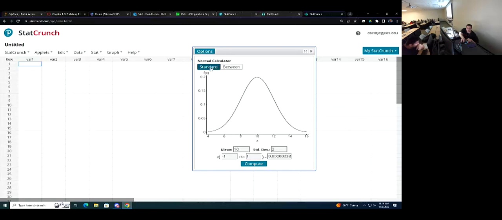Where is it? It's not there. They got rid of it?